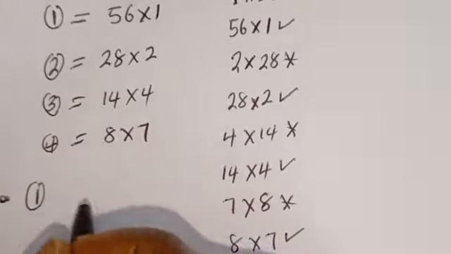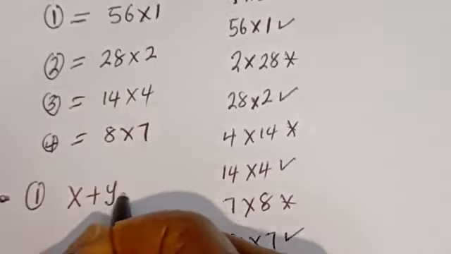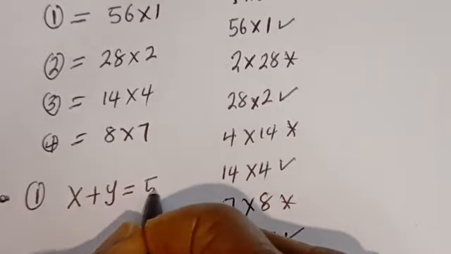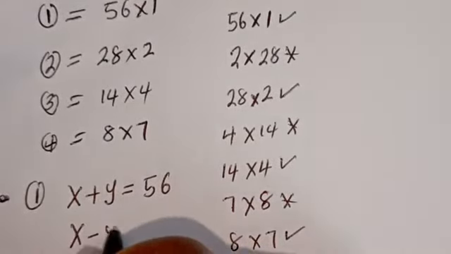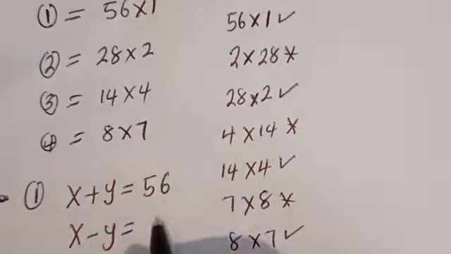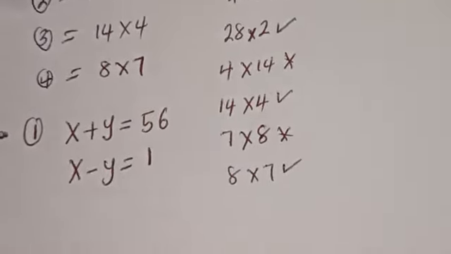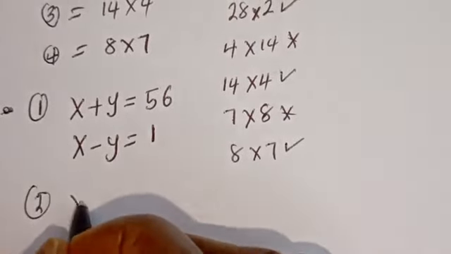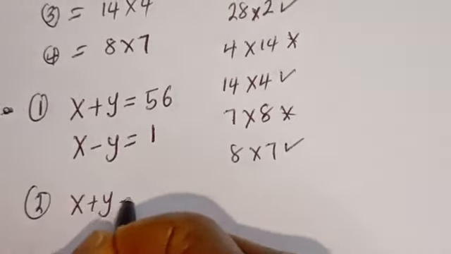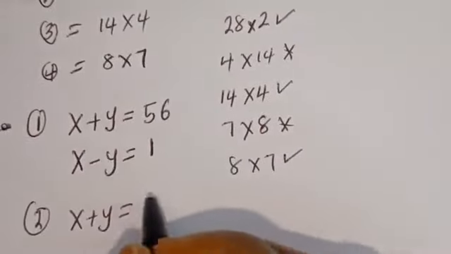The first case will be x plus y is equal to 56. Then x minus y is equal to 1. Now, the second equation will be x plus y is equal to 28.